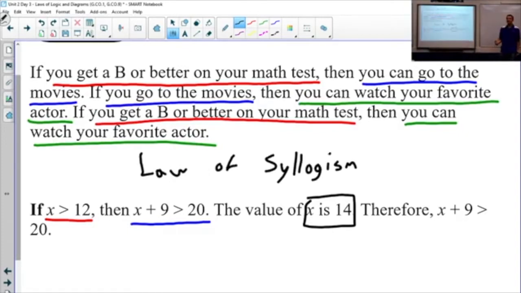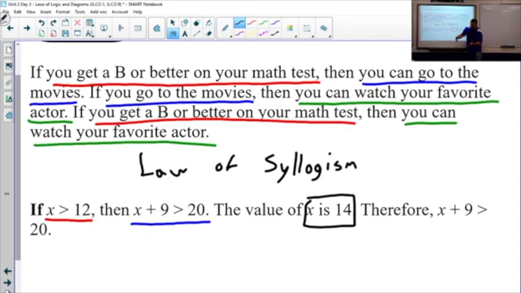And the second example is applying a specific case of x being 14 to the if-then statement. So is x greater than 12? Well, yes, it is. And so that means x plus 9 has to be greater than 20, which 14 plus 9 is 23, which is bigger than 20.